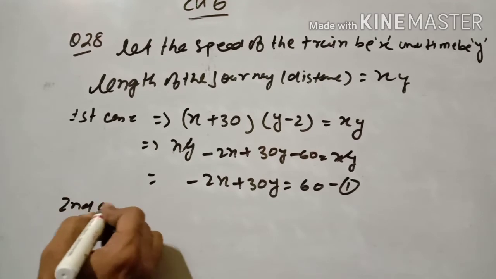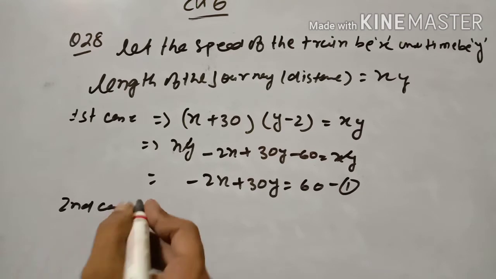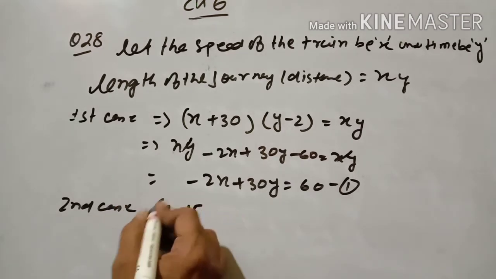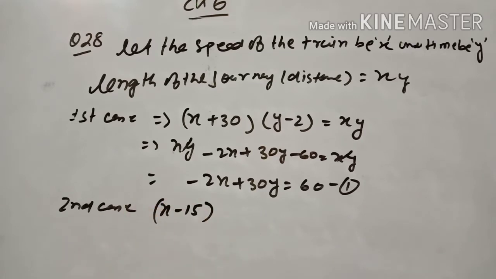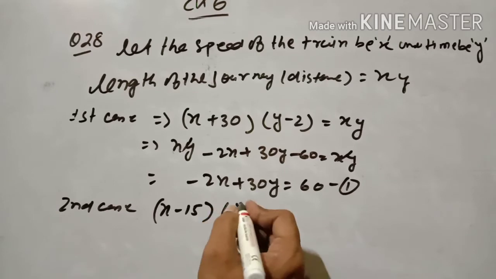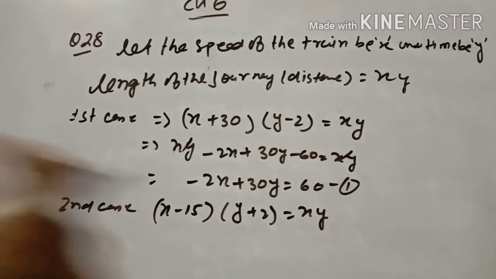Second case: if speed is reduced, less by 15 km per hour, so x minus 15, as we know speed is less, therefore time will be more, so 2 hours extra, equal to xy, that distance is covered.